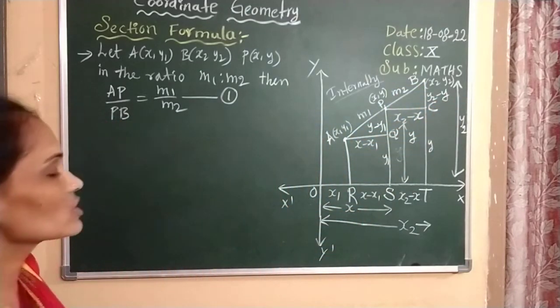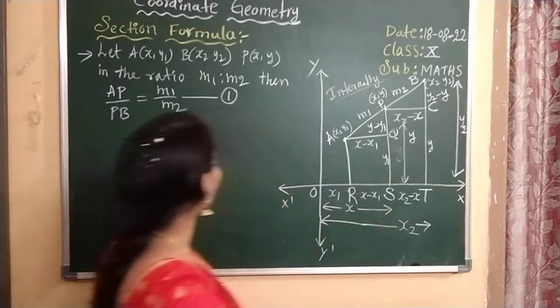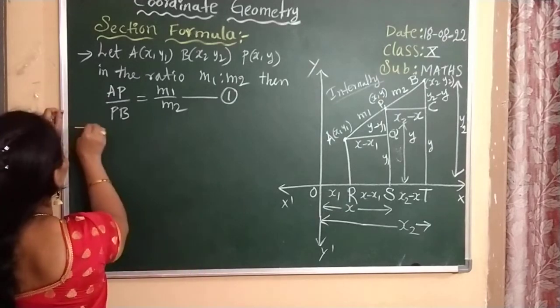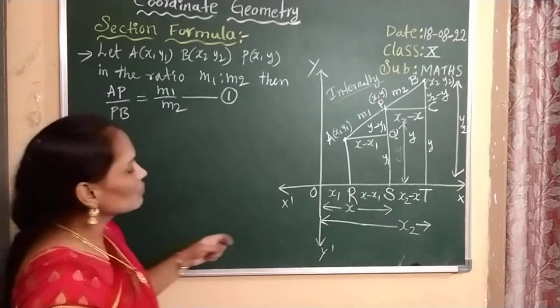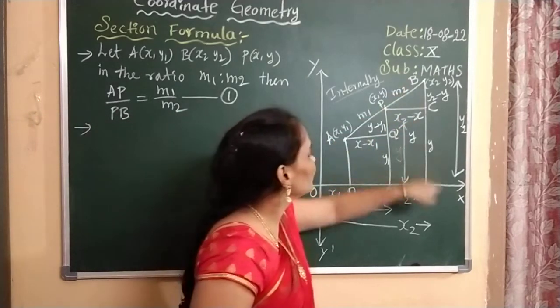So construction is important. Whatever construction we made in the figure, I am writing here. See what we took: AR, PS, BT.